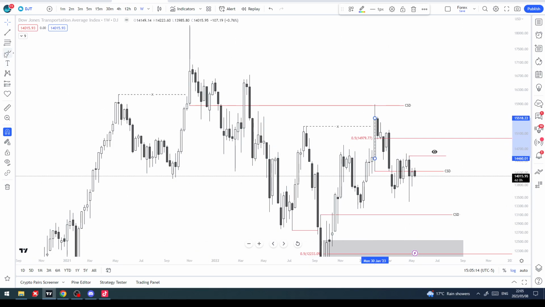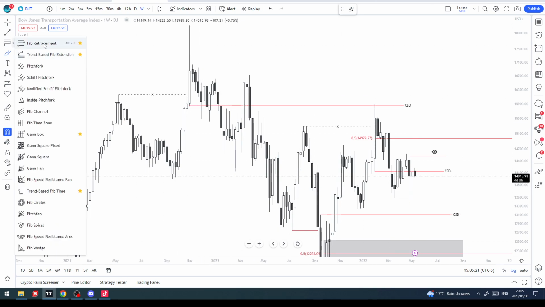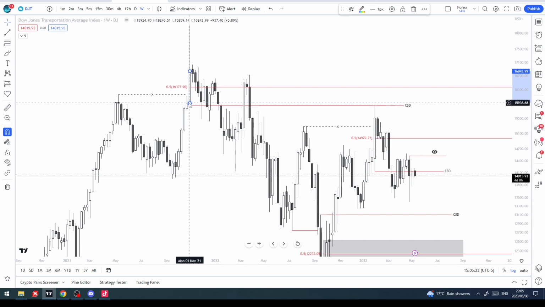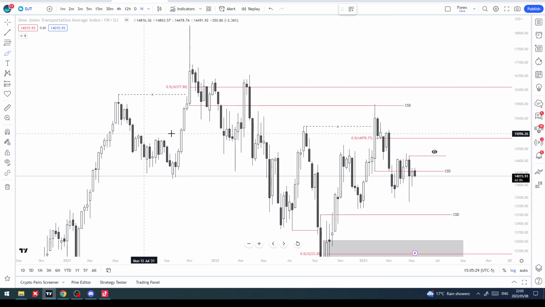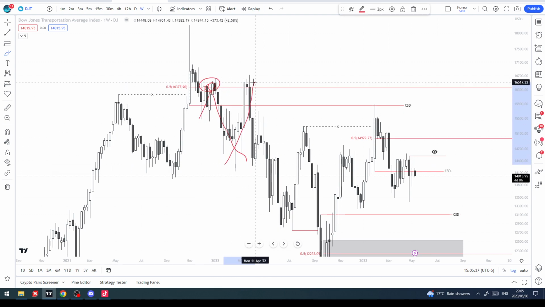So I'm interested immediately after the CSD happens. As soon as it's traded through with this candle, I'm already marking 50% off. On the retrace, I'm entering, and then you get that. And then it came back in, gave you relative equal highs, and then back down.